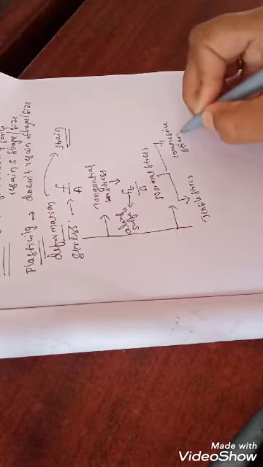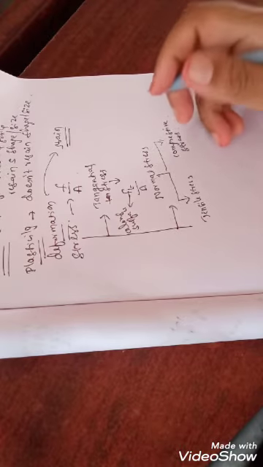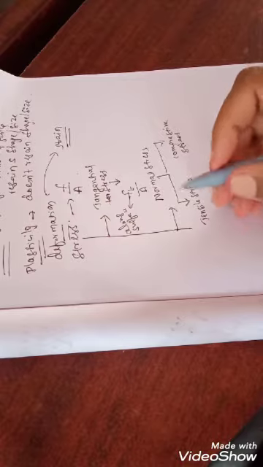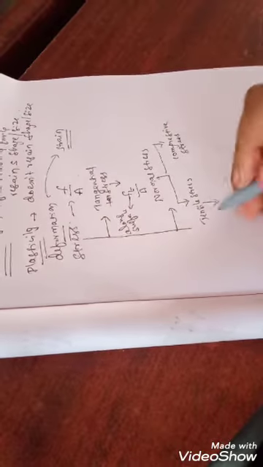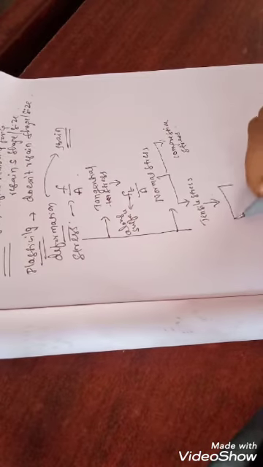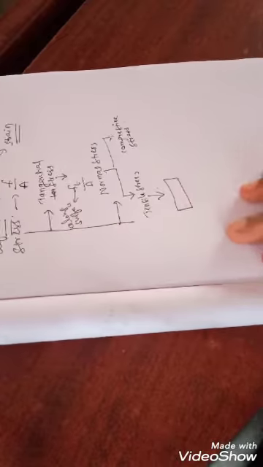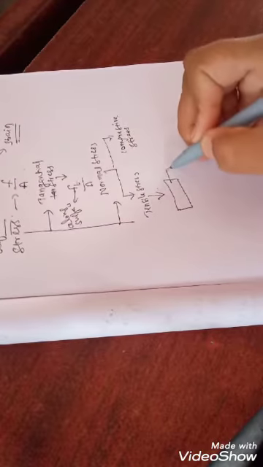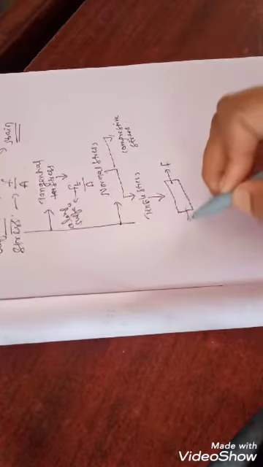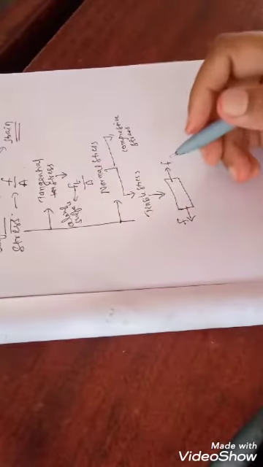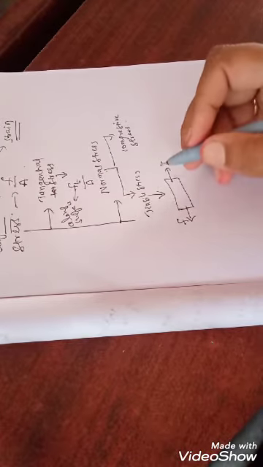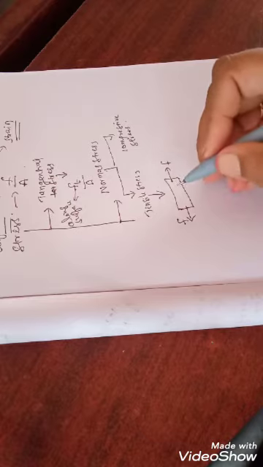compressive stress. Now tensile stress means, here I took an object. What I am doing here is stretching the object by applying equal and opposite forces on either side. Due to that, tension is created.